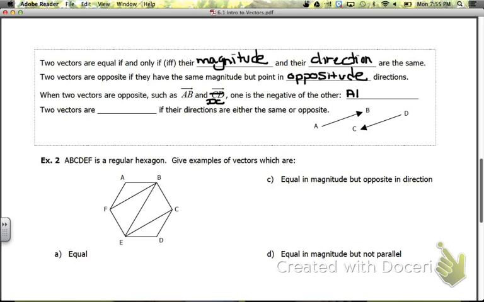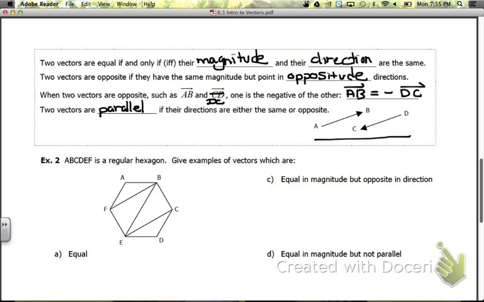So the vector AB is equal to the negative vector DC, as you can see from our diagram right here. And 2 vectors are said to be parallel if their directions are either the same or opposite. So the direction needs to be either the same or opposite to be parallel. Remember, 2 vectors are only going to be equal if both the magnitude and direction are the same.